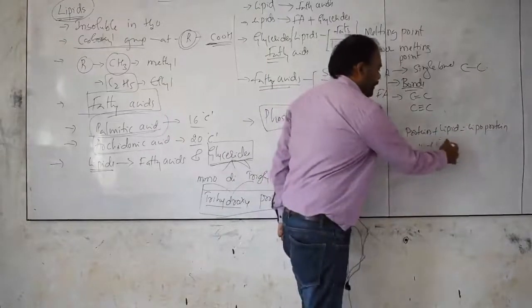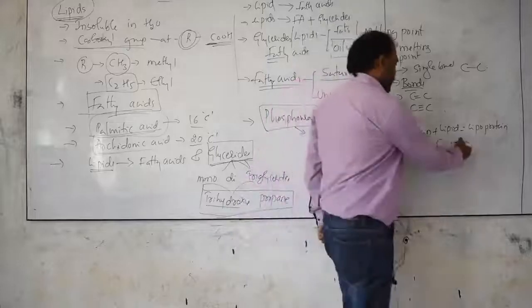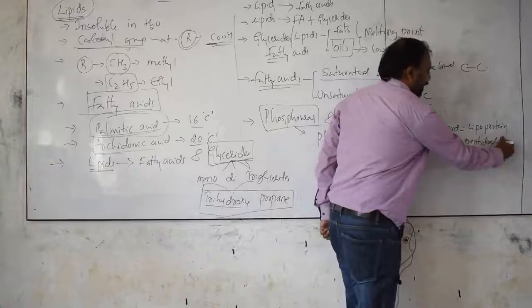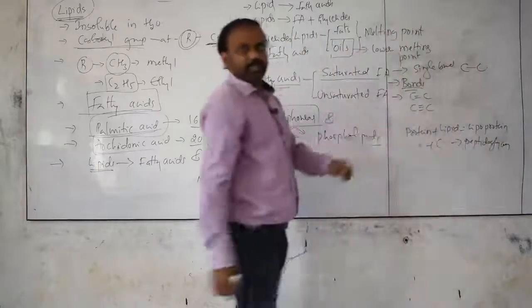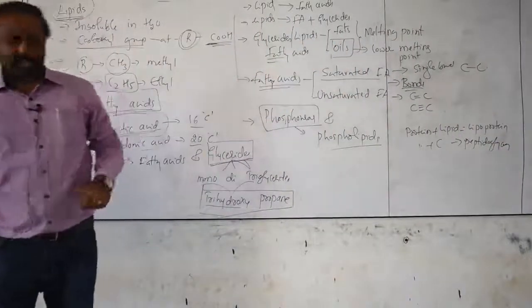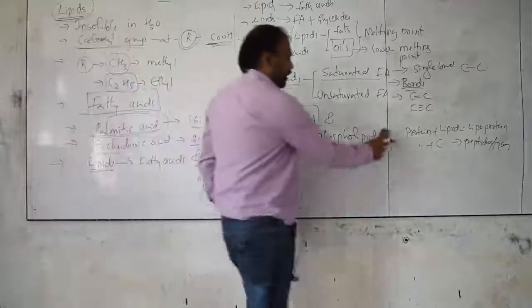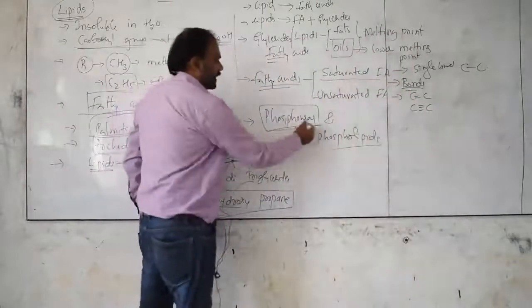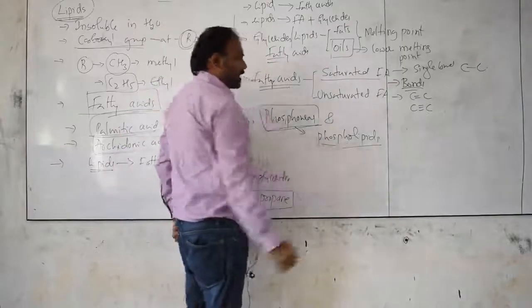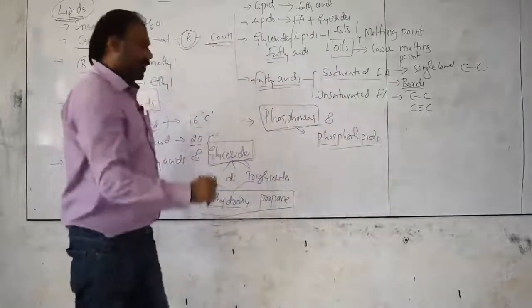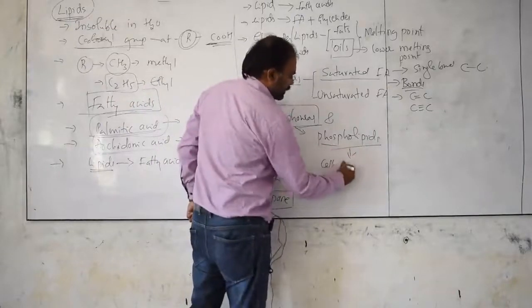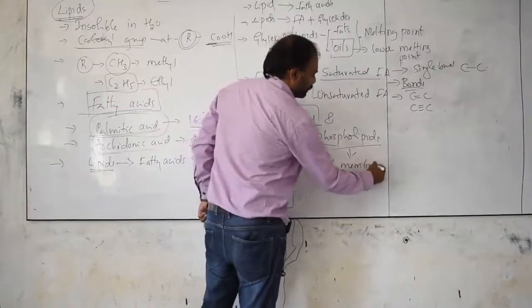If protein plus carbohydrate, we can call it as peptidoglycan, which is present in the bacteria. So here, as I told you right now, if phosphorus is present in the lipid, we can call it as phospholipids. As we know, it is already present in the cell membrane.